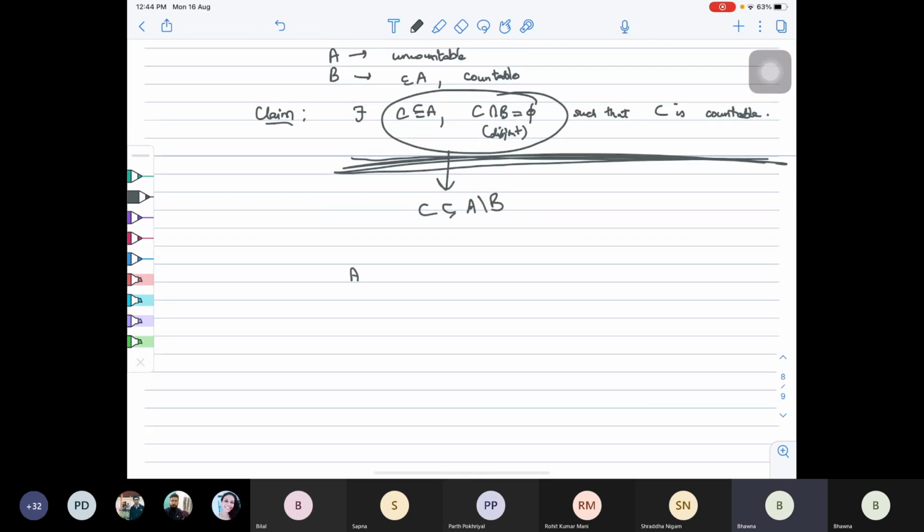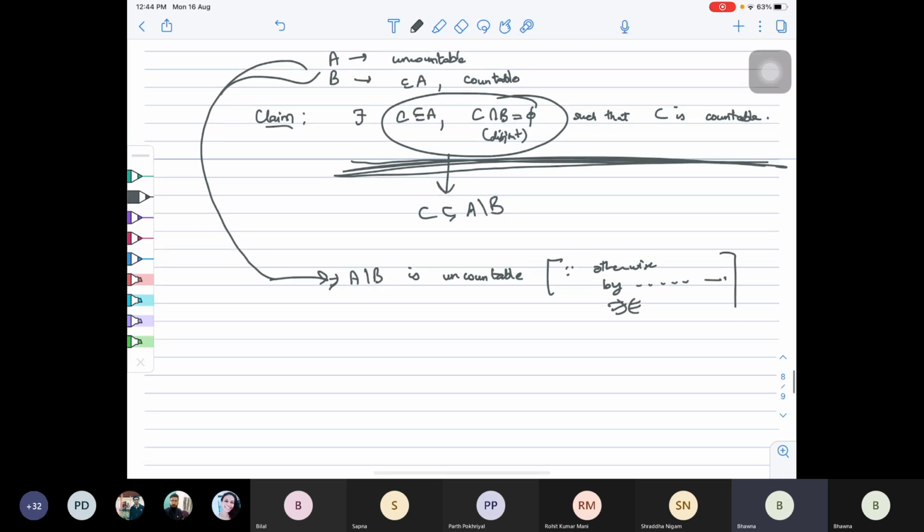See, A is uncountable and B is countable. These two statements imply that A minus B is uncountable, since otherwise, by the theorem that a countable union of countable sets is countable, there will be a contradiction.